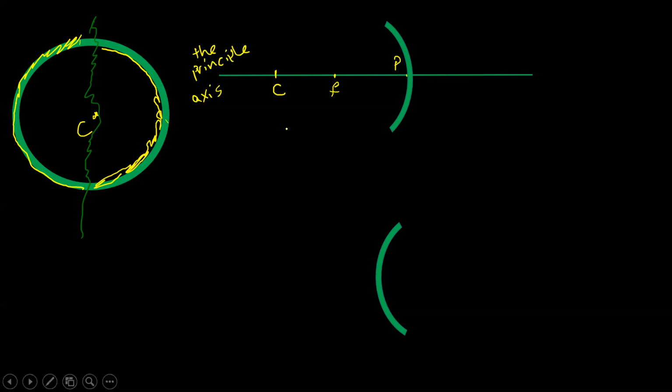The distance between the focal point and the mirror is called the focal length. So from pole to focal point is the focal length, and it's equal to 1/2 of the radius of the curvature. So if the radius of this sphere is R, it means from pole to focal point is R divided by 2.